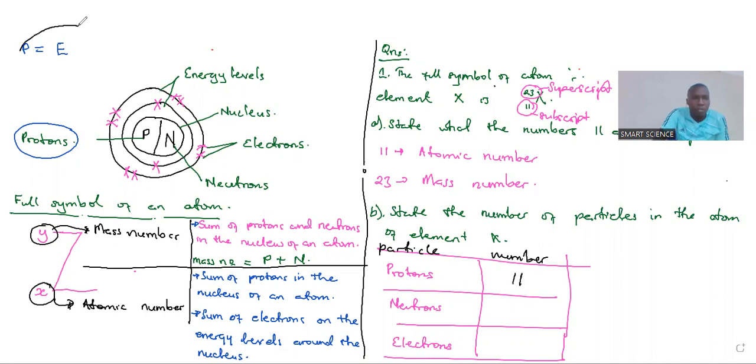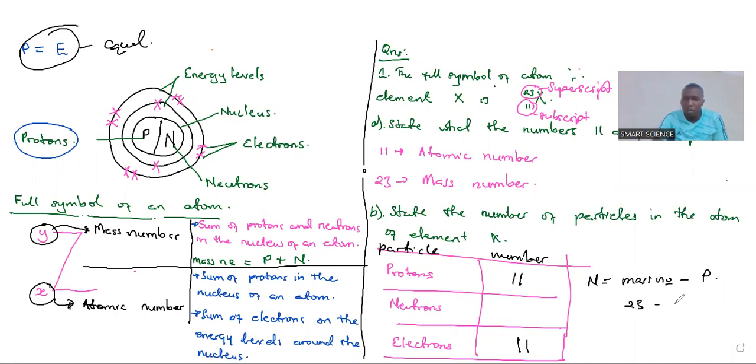Since protons are equal to electrons in a neutral atom, electrons will also be 11. Now, if I want neutrons, I'll pick this equation. Neutrons will be equal to mass number minus sum of protons, which is 23 minus 11, and neutrons become 12. So I'll come here and say that this is 12.